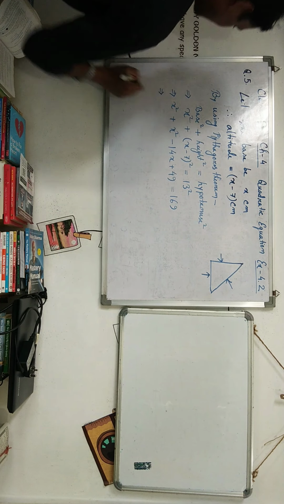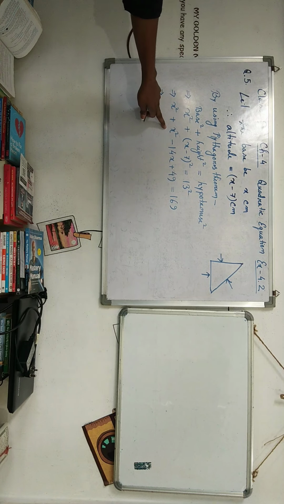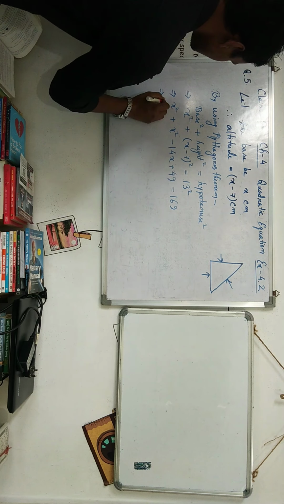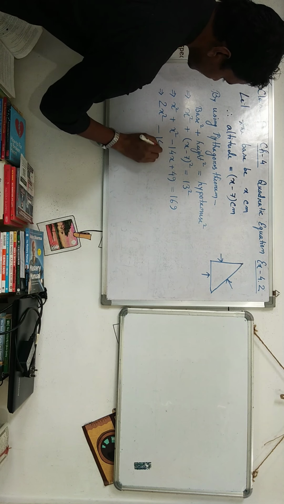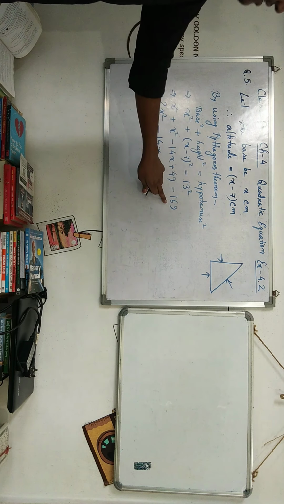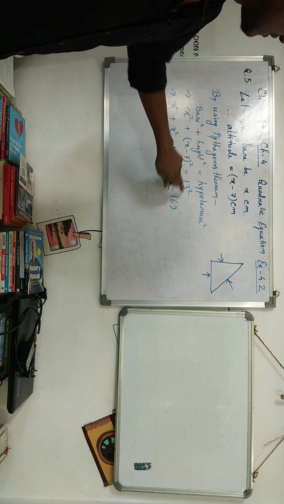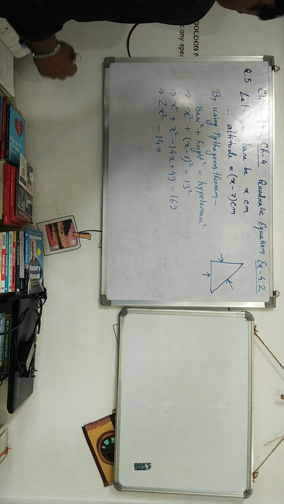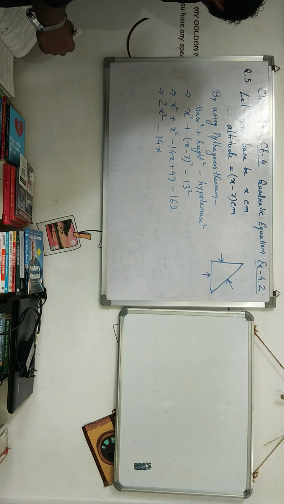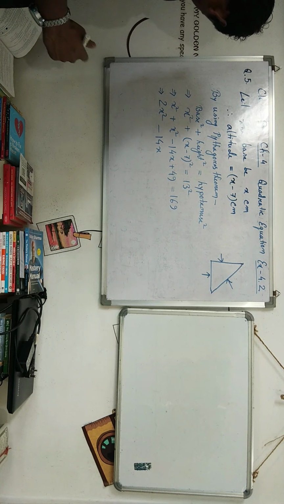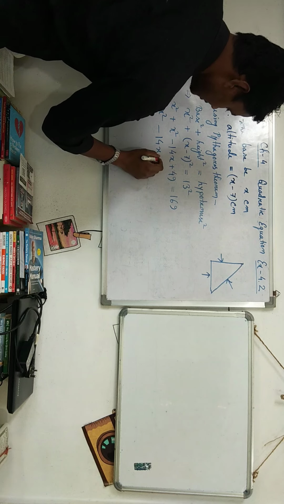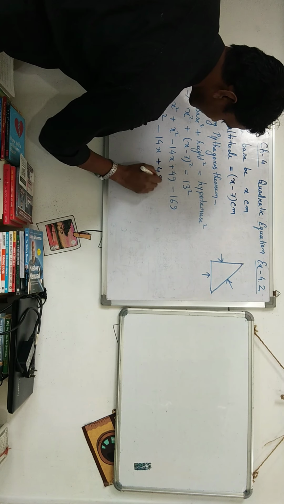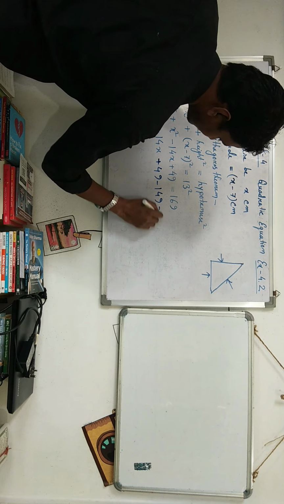So this implies x square plus x square, it will be 2x square, minus 14x. Take that 169 to this side. If I take 169 to this side, it will be 49 minus 169 is equal to 0.